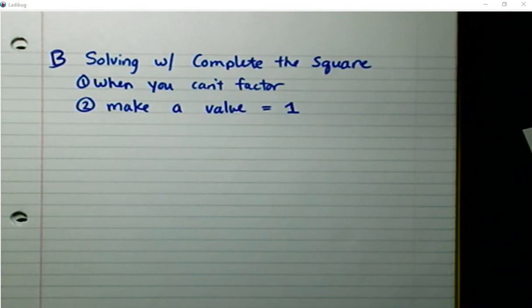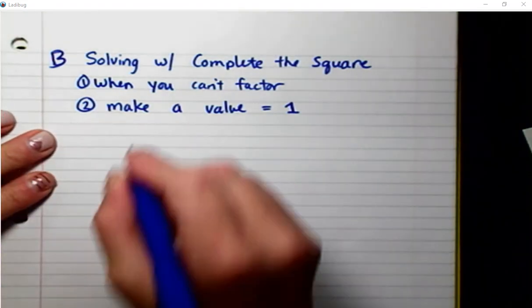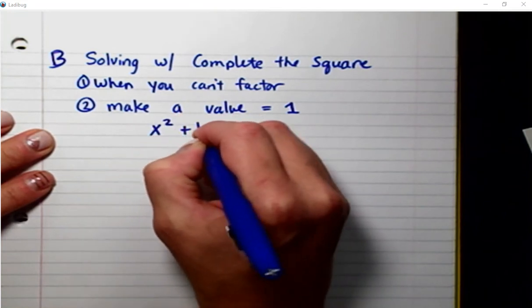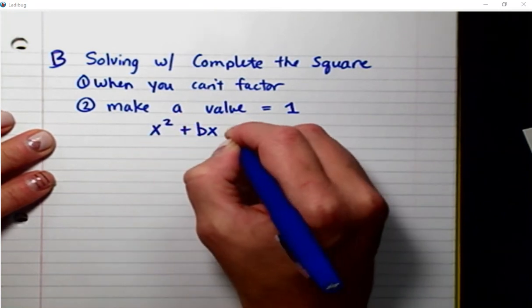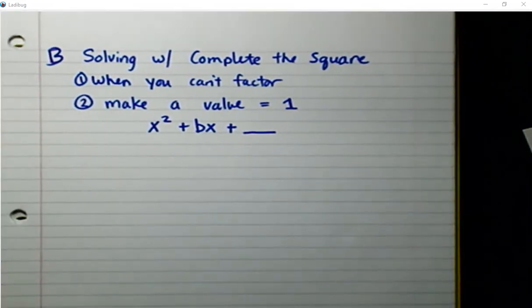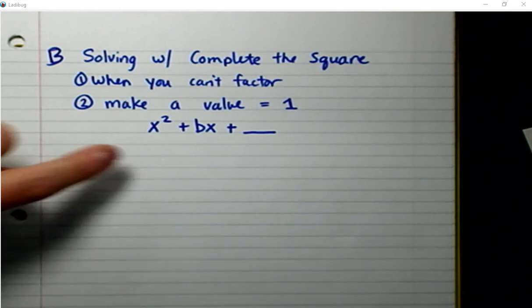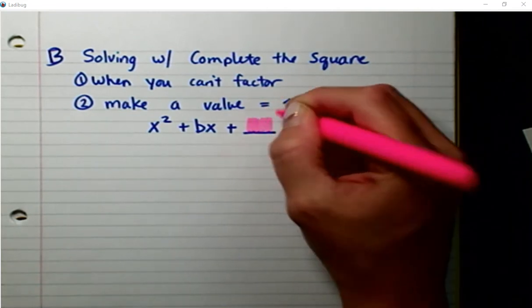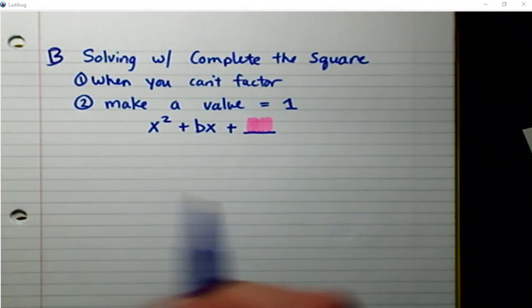Half it, square it. It works best if there is a 1 in front. X squared plus bx plus a number. It works best if there is a 1 in front, just like all those examples we just did. So how do I fill in this missing blank? And how do I factor it?